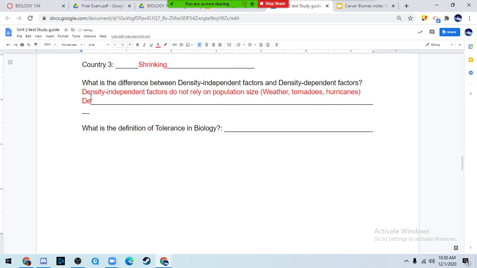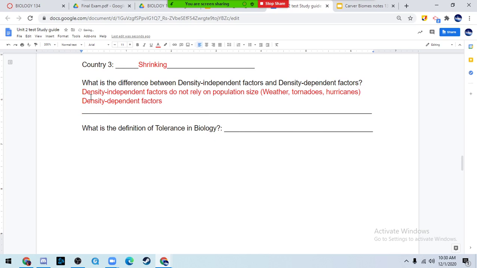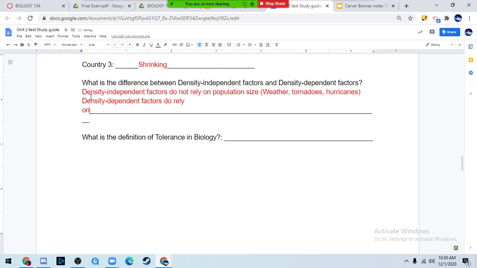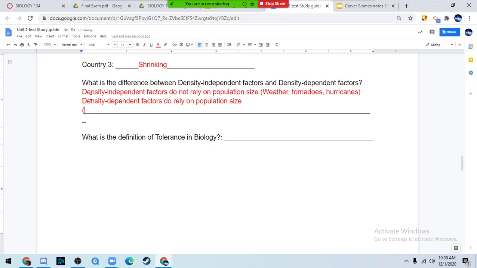So next one would be density dependent. So density dependent factors do rely on population size. Right, so these are factors that are influenced by the size of the population. A really, really good example of this are diseases.